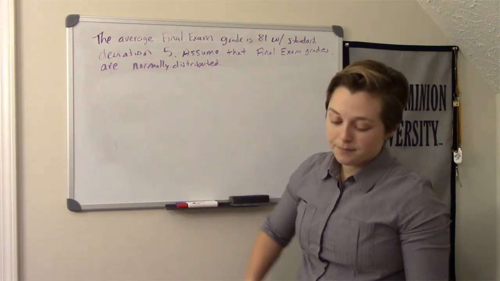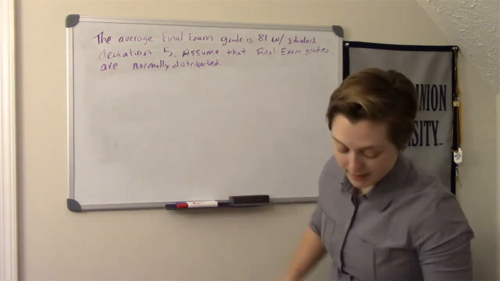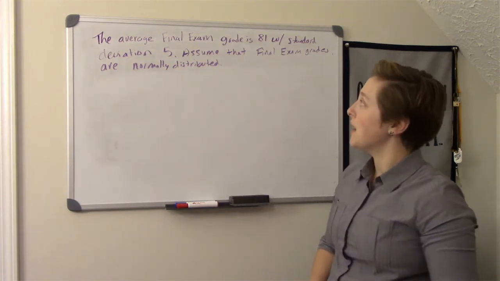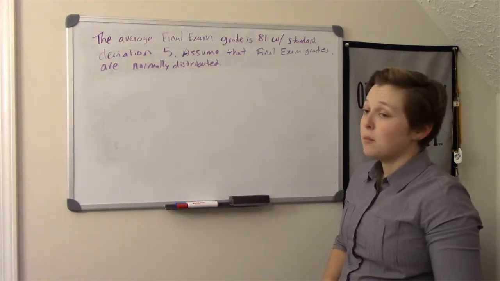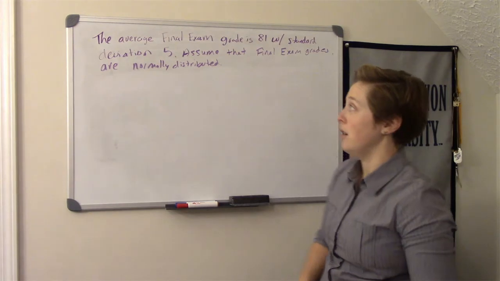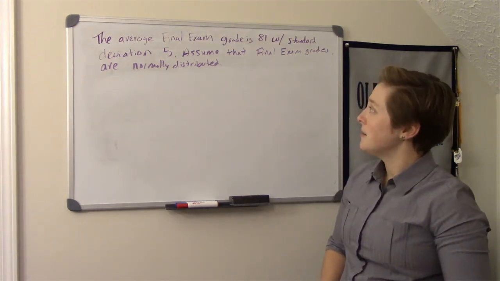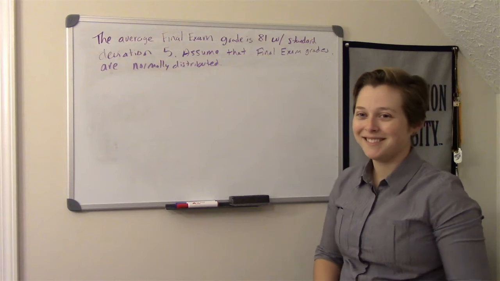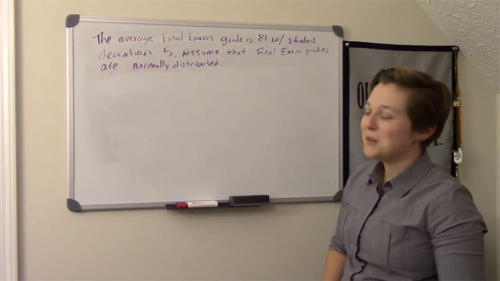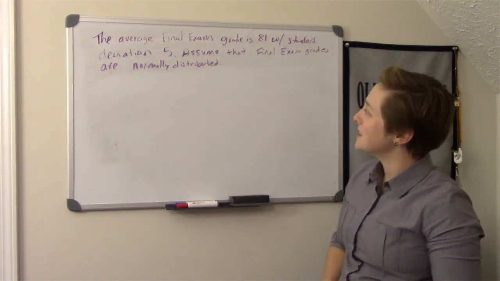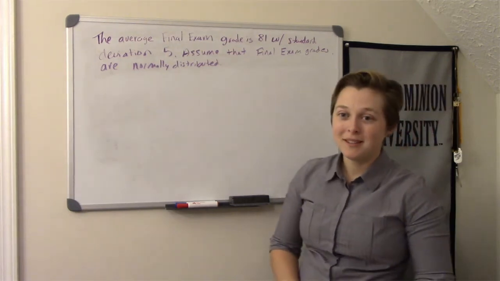Alright, so let's go ahead and read through this example. The average final exam grade is 81%, standard deviation of 5. That's pretty good exam grades, right? Maybe this is what I hope for. So assume the final exams are normally distributed.